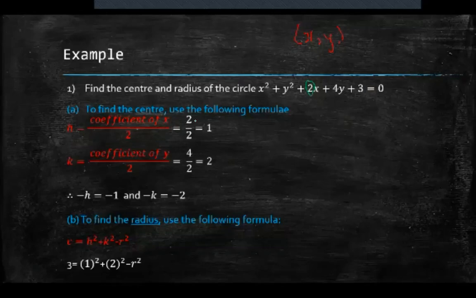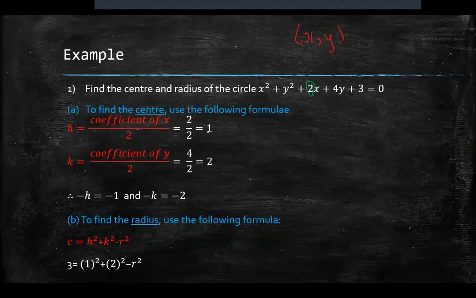So h would be equal to 2 divided by 2, which is 1. To find k, it is the coefficient of y divided by 2. The coefficient of y, that's just the number that comes before y. In this case, it's 4. So to find k, it would be 4 divided by 2, which is equal to 2.